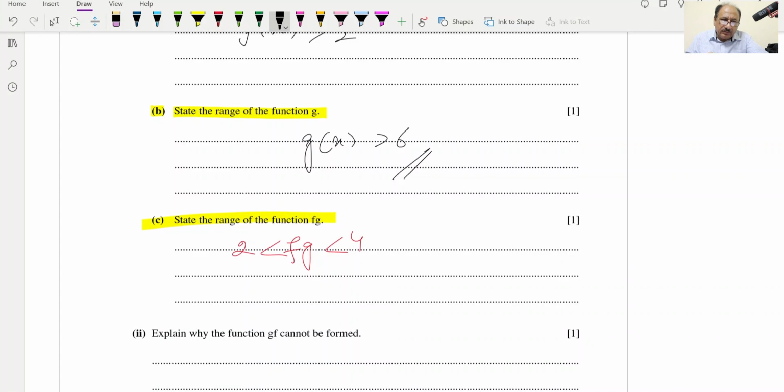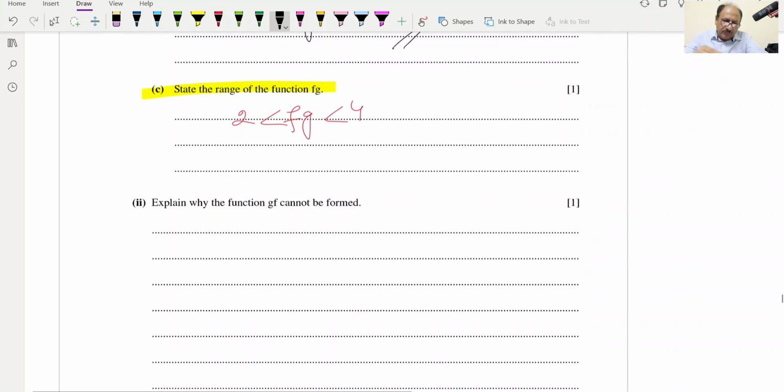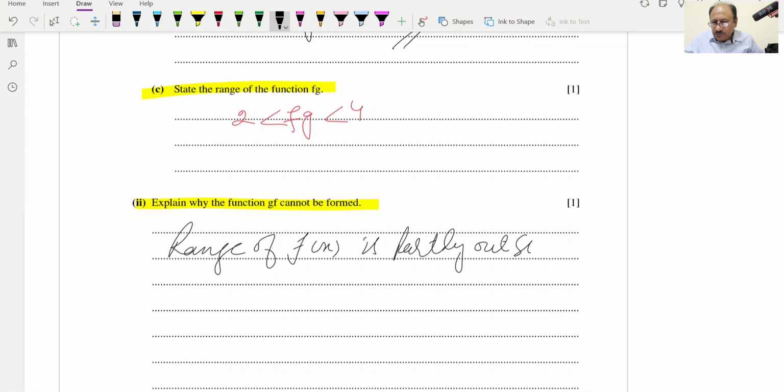The reason, they are saying in the second part, is to explain why the function g of x cannot be formed. We can write: range of f of x is partly outside the domain of g of x.